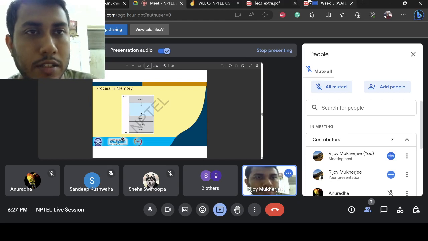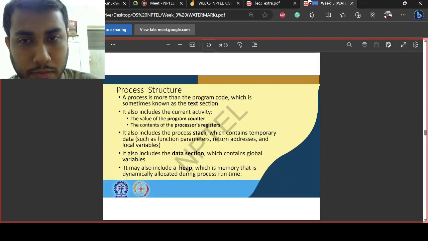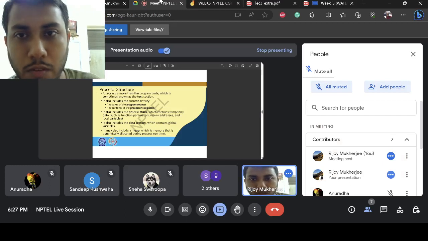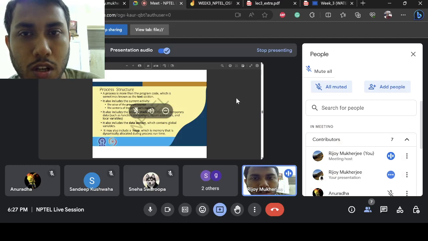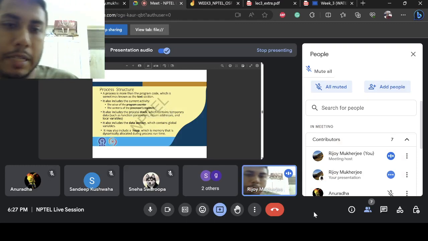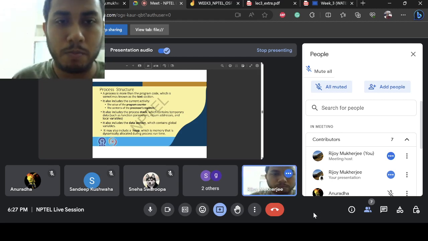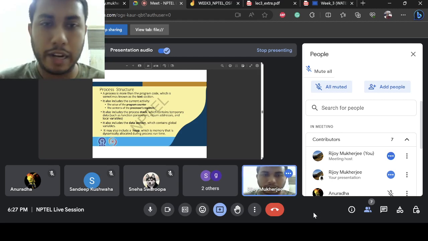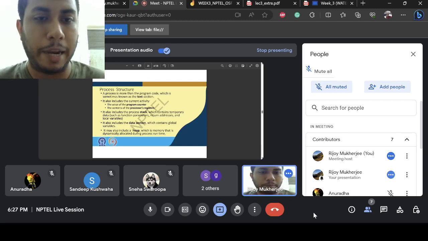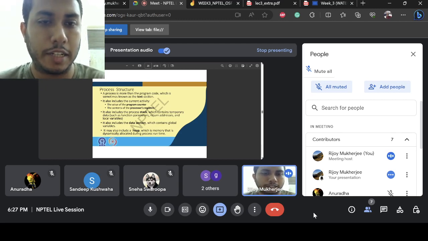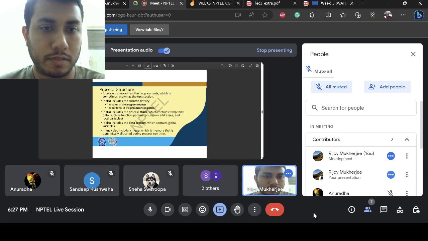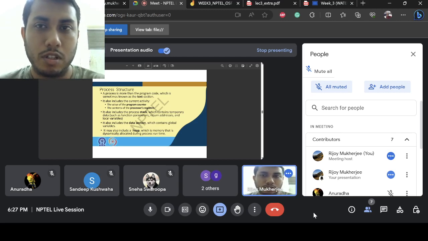Why is the stack needed? It is needed when you are running a program and, say, an interrupt occurs. You know by this time what an interrupt is, right?